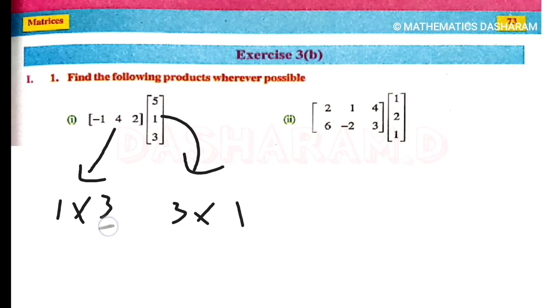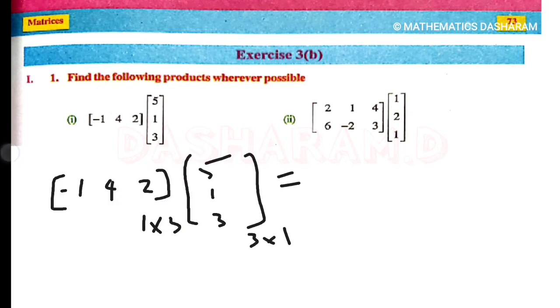So the number of columns in the first matrix equals the number of rows in the second matrix, so definitely the product is possible. And the order of the product matrix is 1 by 1.